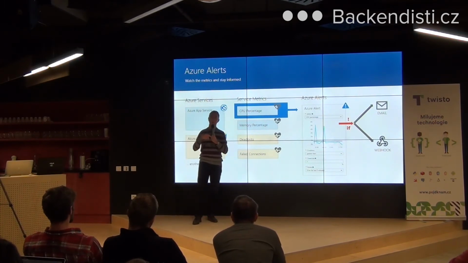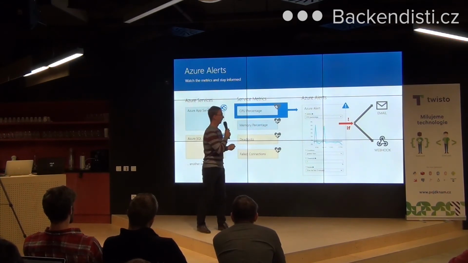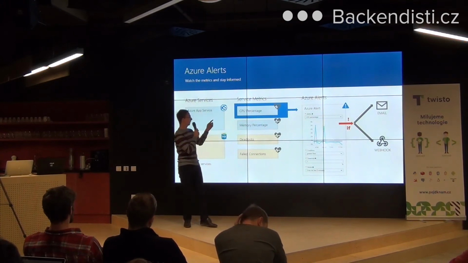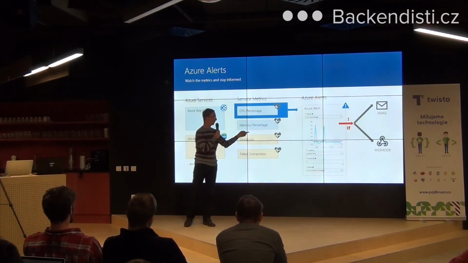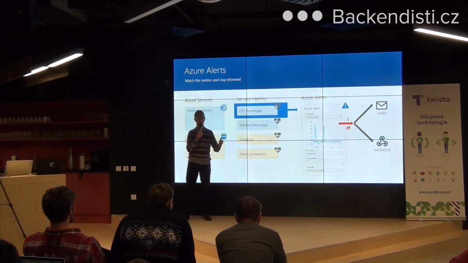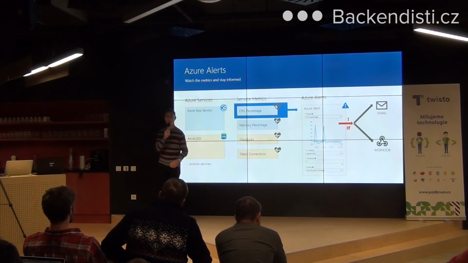So you can deserialize the JSON and you get all the information you need to know about the failure. So you will have the name of the alert, the threshold, and the condition. All the information you see here, you will have in the post body.